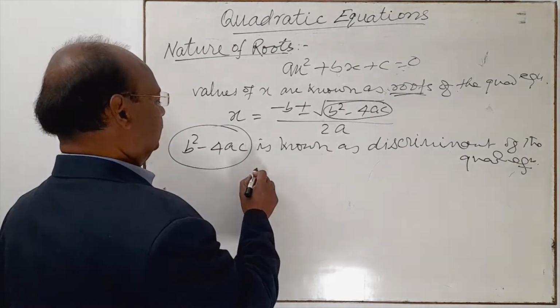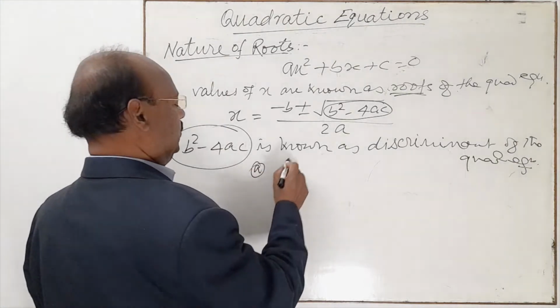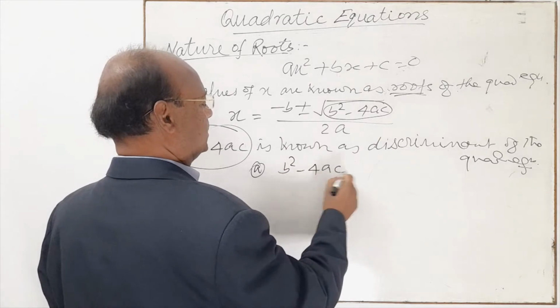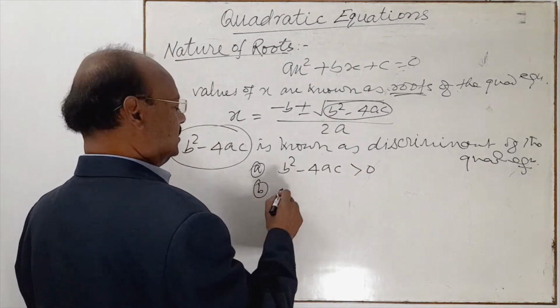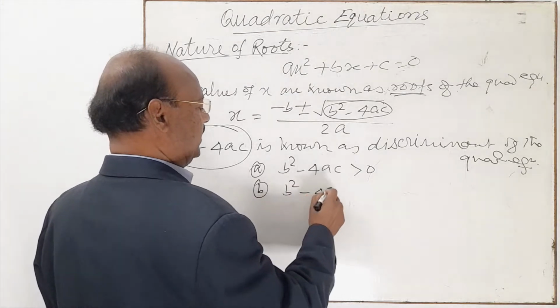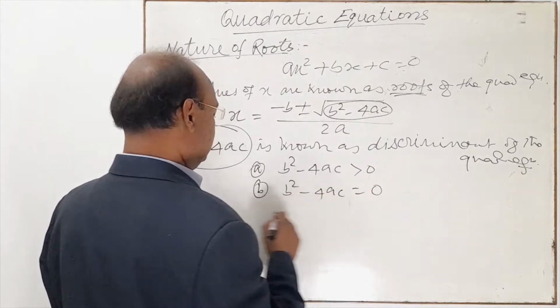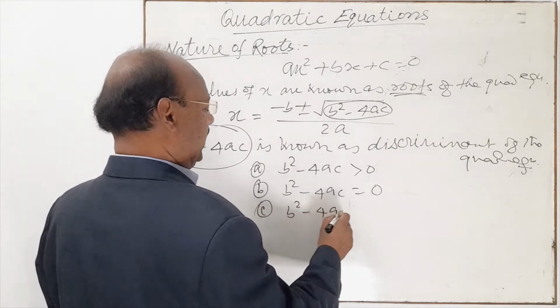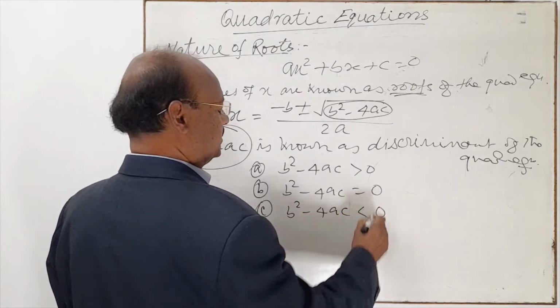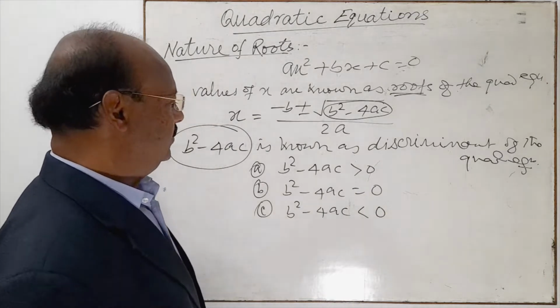First case, when b square minus 4ac is greater than 0. Second case, when b square minus 4ac is equal to 0. And third case, when b square minus 4ac is less than 0. Correct?